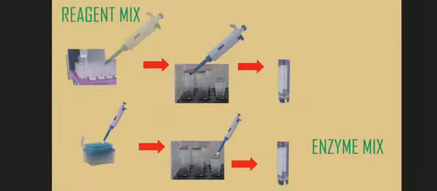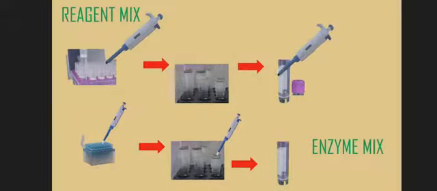For the reagent mix, using a 1000 µL adjustable pipette, insert a filtered pipette tip, open the cryotube in the RNase-free area, pipette up the reagent until the last drop and dispense it in the cryotube. After completing the required amount, dispose of the pipette tip and proceed to the enzyme mix. For the enzyme mix, using a smaller pipette, pipette the enzyme and take note that the enzyme is very viscous.